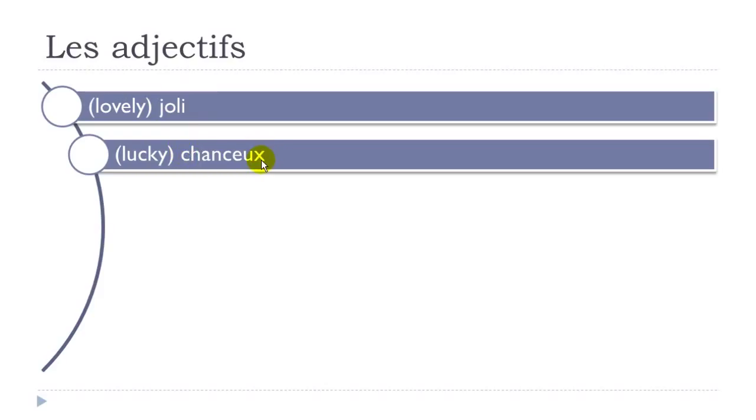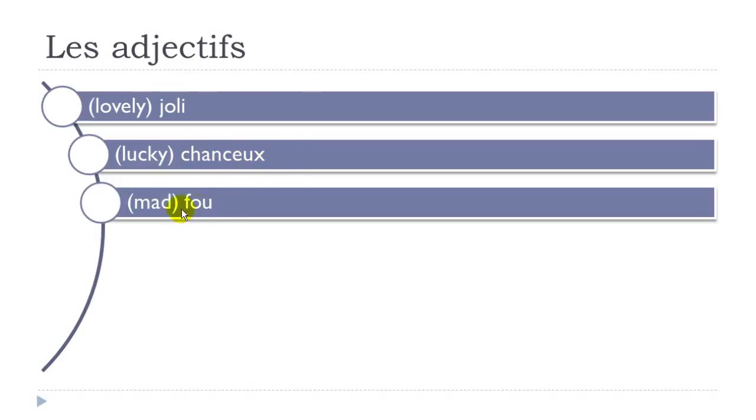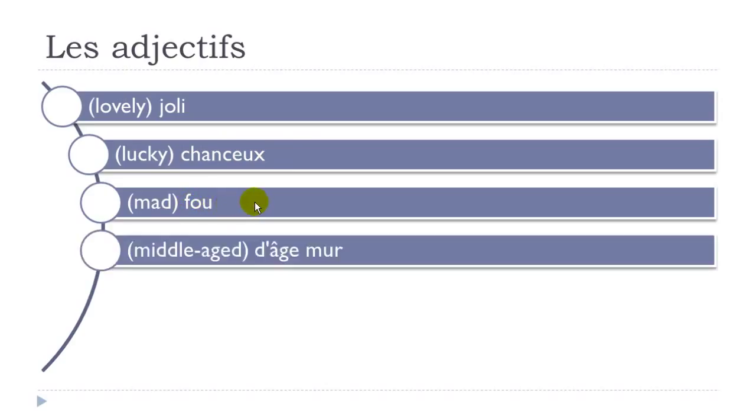Final X not pronounced, and then remember C, E, U will give you this SE sound. Chanceux. Fou, combination of O and U, ou, fou. D'âge mûr.